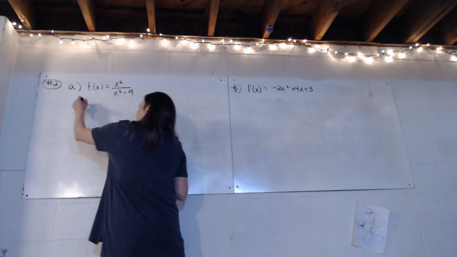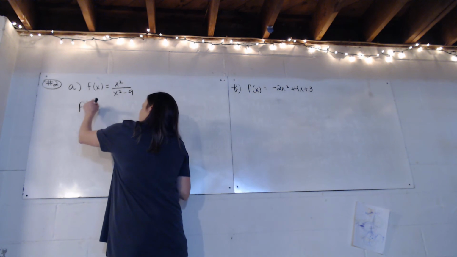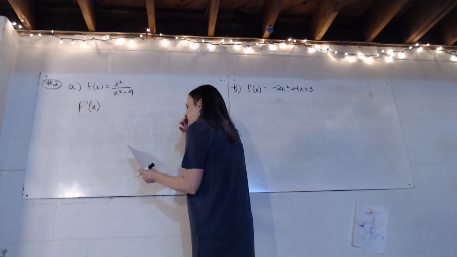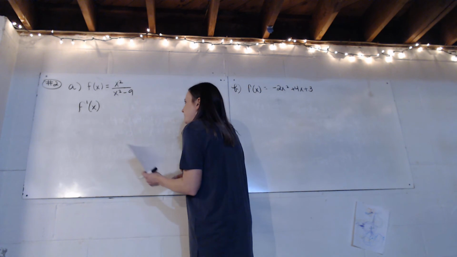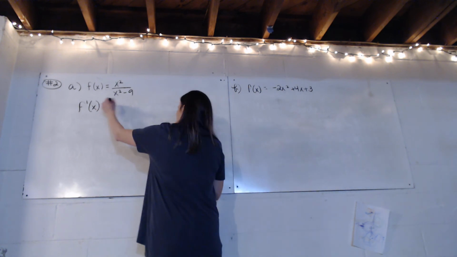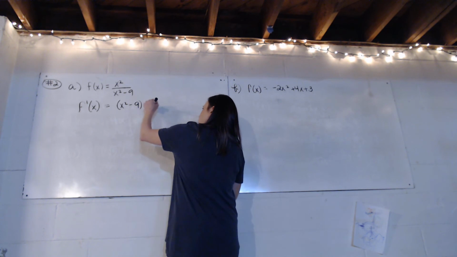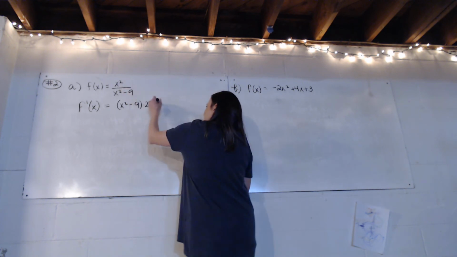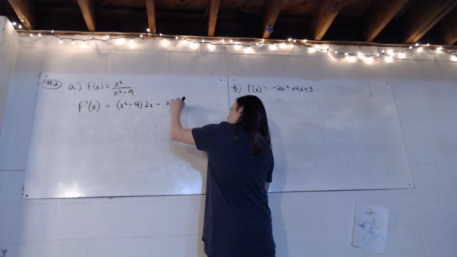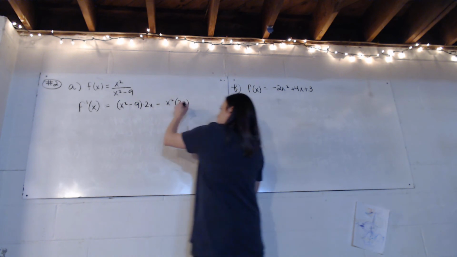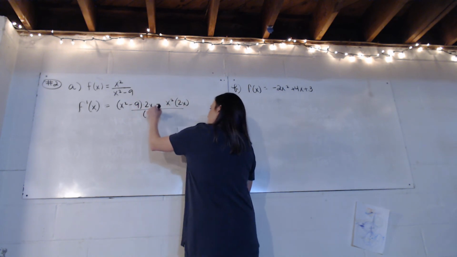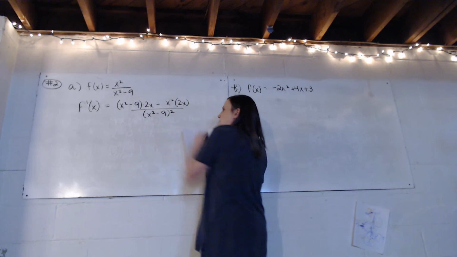So we're going to take the first derivative. When I took the first derivative, I used the quotient rule. So I did low d high, x squared minus 9 times 2x, minus high d low, divided by low squared.